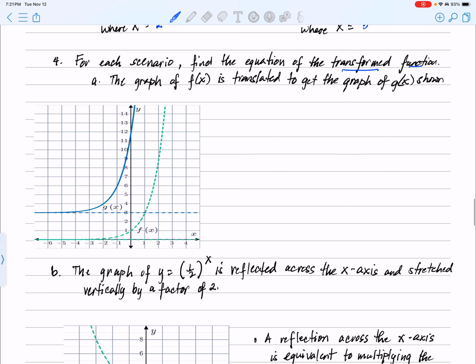One is the transform 1. So the f of x will be this dotted green curve, while the transformed curve will be the solid line. The graph of f of x is translated to get the graph of g of x as shown.